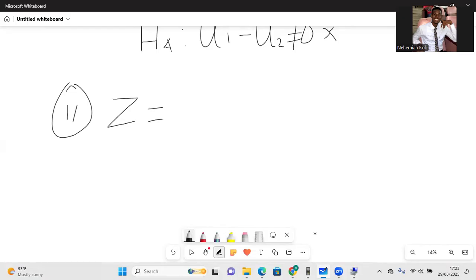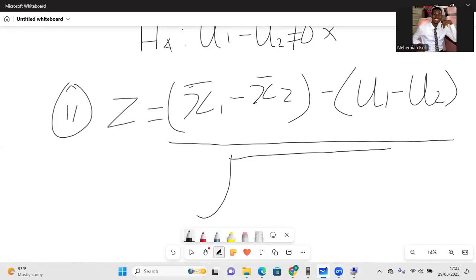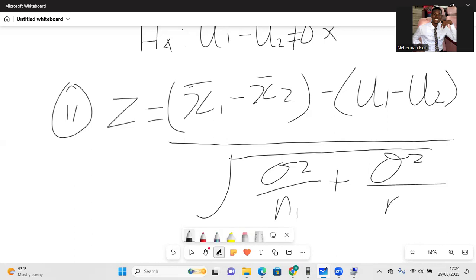Z is equal to, because it is hypothesis testing for two populations, x bar 1 minus x bar 2 minus the bracket μ1 minus μ2, all over the root of the first standard deviation squared over n1, the sample size of the first one, plus the standard deviation of the second one squared over the sample size of the second one.